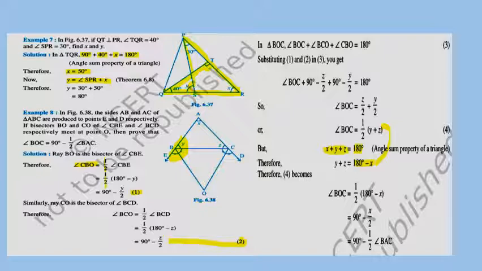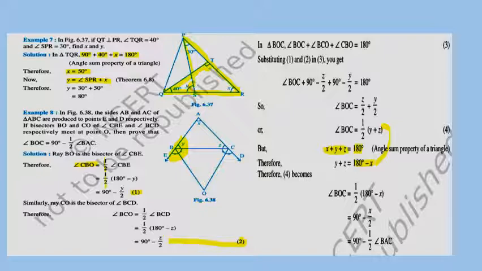Now see here, ray BO is the bisector of angle CBE. What is meant by bisector? Bisector means the line which divides the angle into two equal parts. So we can write the relation angle CBO equals half of angle CBE.